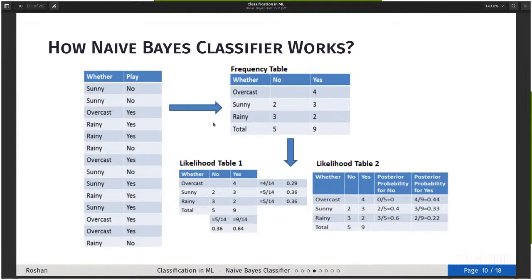And what do you think should be the dimension for this table? How many weather attributes should be here?